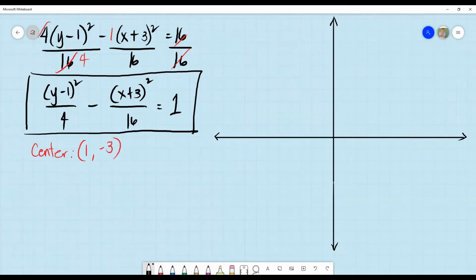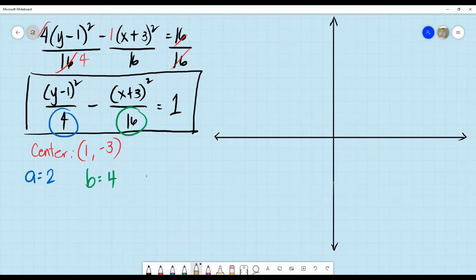Let's identify our A. For our A, it's just here, down below y, so therefore that becomes the square root of 4, which is 2. That's very basic. Now let's move on with this for our B. For our B, it's right below x, so therefore the square root of 16 is 4.